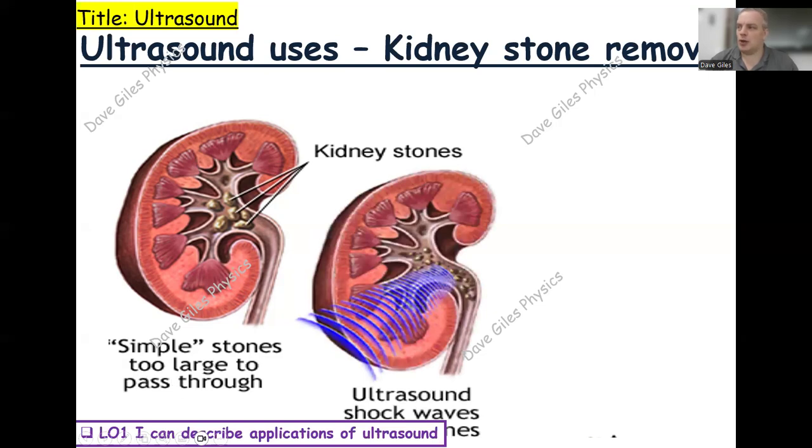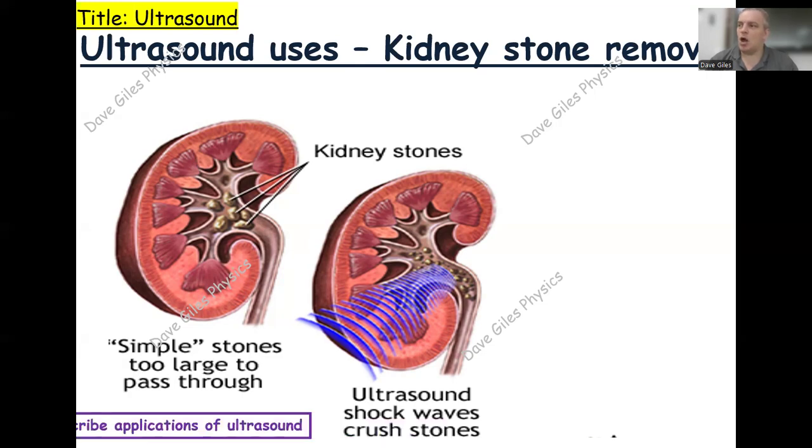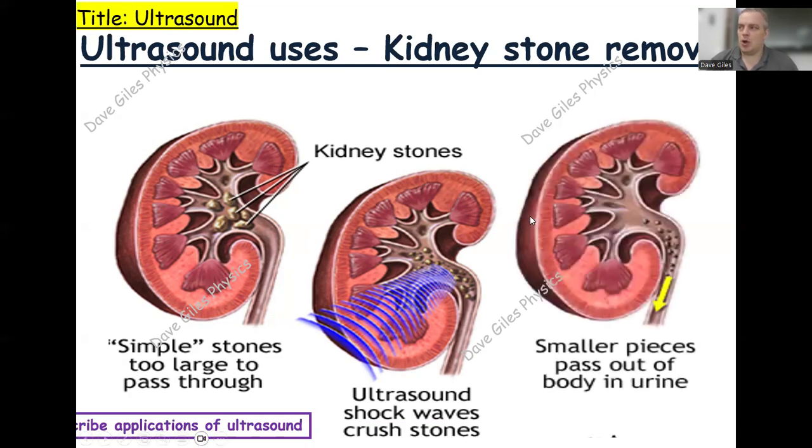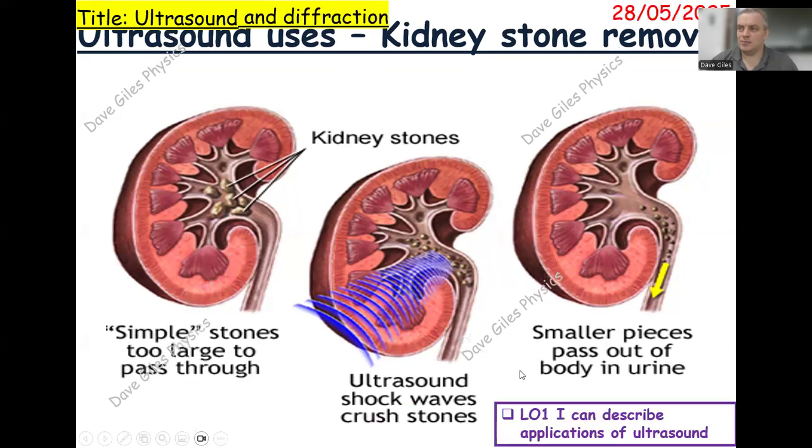So ultrasound shock waves crush the stones, make them much, much smaller, so that they can pass out of the body in urine, although I can imagine it's still a little bit on the painful side when it comes out, but certainly much more doable than the original size of the kidney stones.